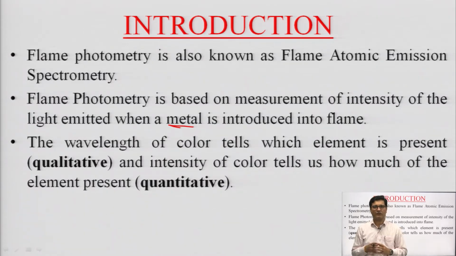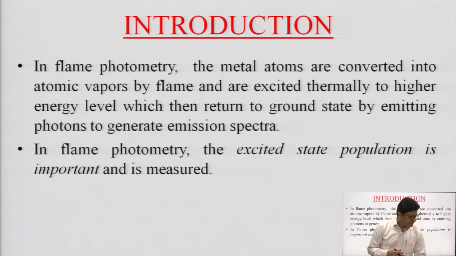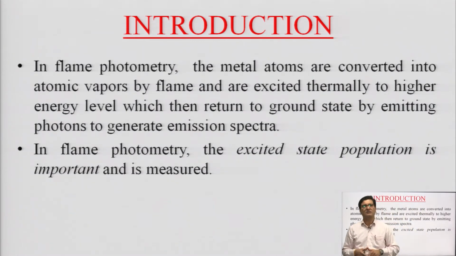Therefore, by flame photometry we can know the presence or absence of any metal in the sample, as well as determine the quantity of that particular metal. In flame photometry the metal atoms are converted into vapors, and this vaporization is caused by the flame.